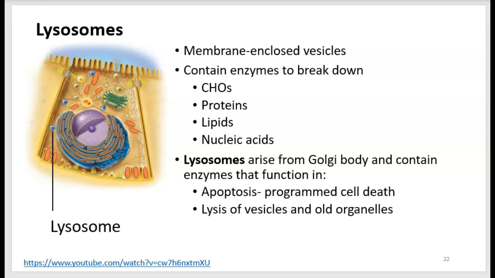So the Golgi body can put enzymes into these secretory vesicles that are called lysozyme. That's what the enzymes are called. And they'll break down carbohydrates, proteins, lipids, and nucleic acids. So the Golgi can also produce what are called degradative vesicles.